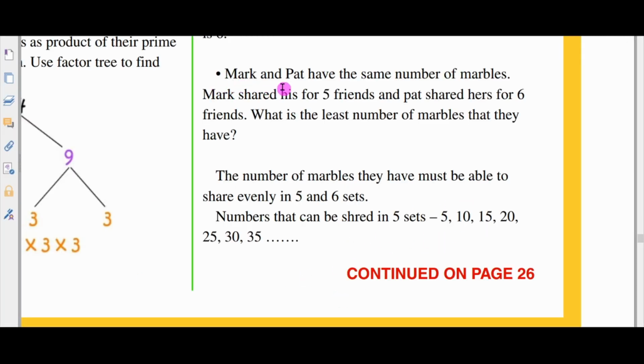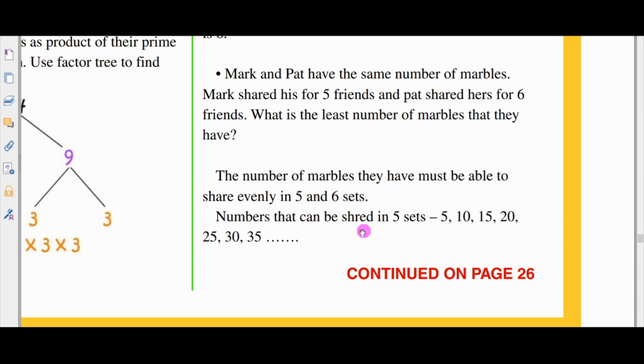Next one, Pat and Mark have the same number of marbles. Mark shared his for 5 friends and Pat shared hers for 6 friends. What is the least number of marbles they have? The number of marbles they have must be able to be shared evenly in 5 and 6 sets.